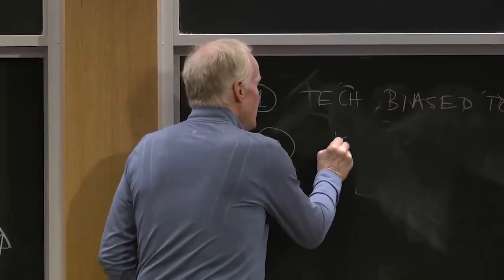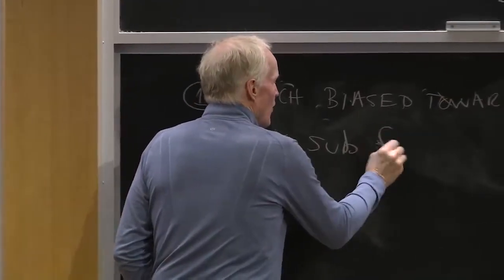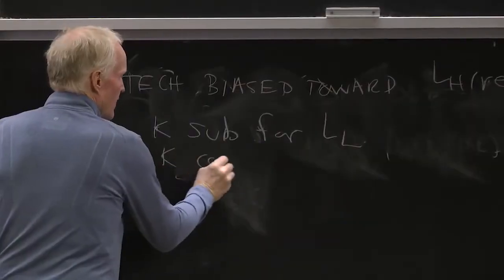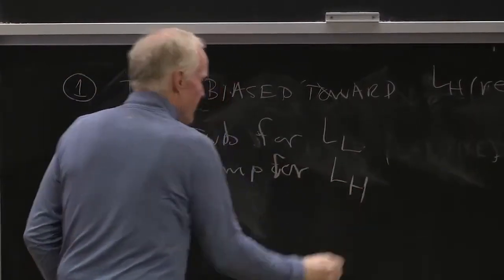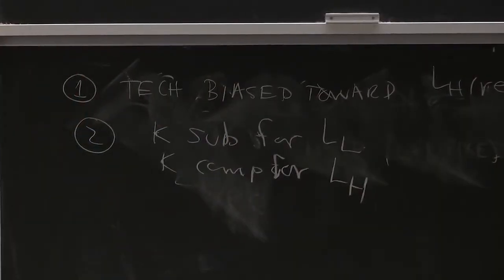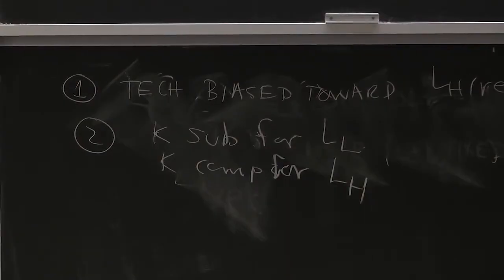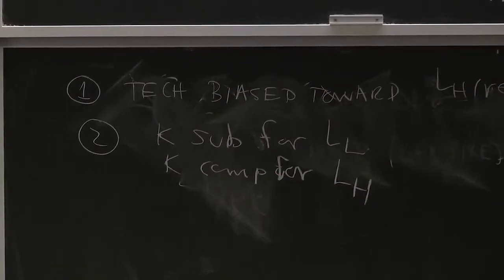And K is a substitute for LL and it's a complement for LH. So those are the parameters I want to think about in my model. As capital grows, it's going to raise the relative demand for high skilled labor and lower the relative demand for low skilled labor. Okay.